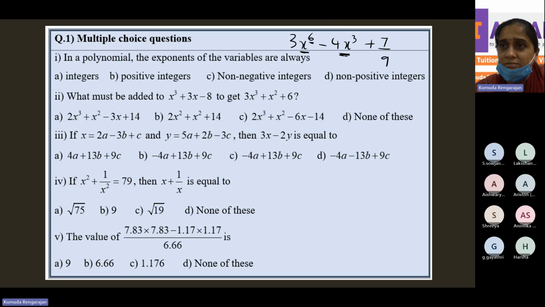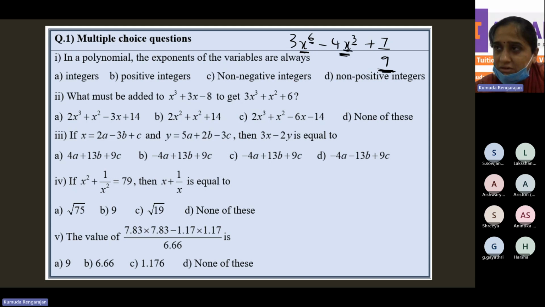In the second term, the variable x is raised to the power 3, which is a whole number. We are not concerned about the constant. We are only concerned about the powers of the variables involved, not the coefficients, nothing else. So the variable is x, its power is 6, whole number. Variable x, power 3, whole number.